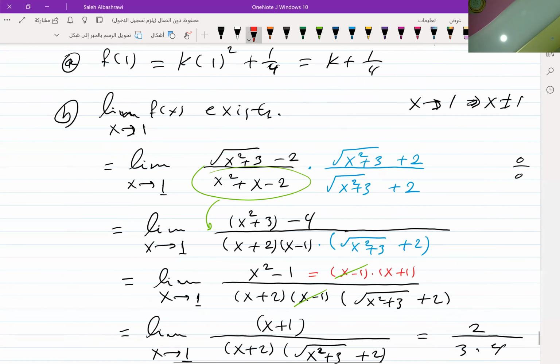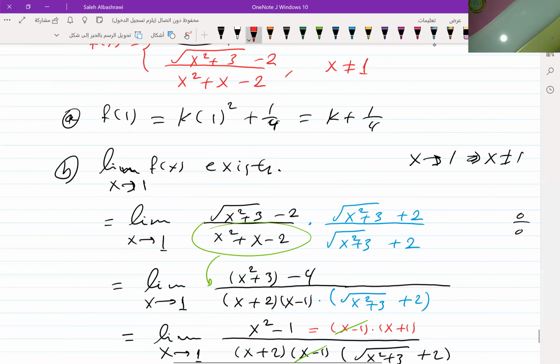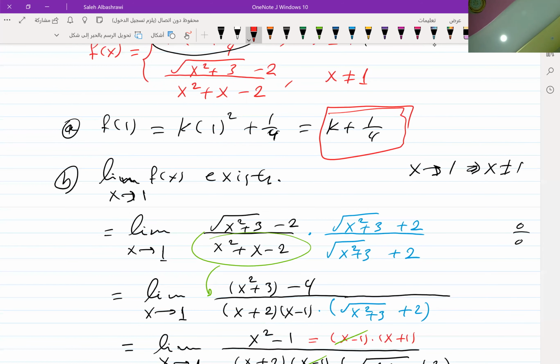And in the first condition we have k plus 1 over 4. And from the continuity, these two must be equal. The limit and the value of the function must be equal.